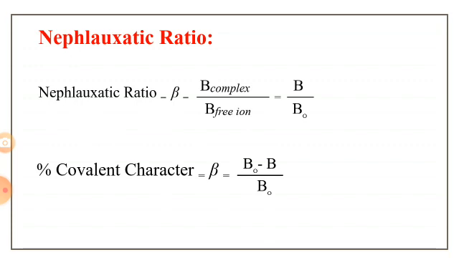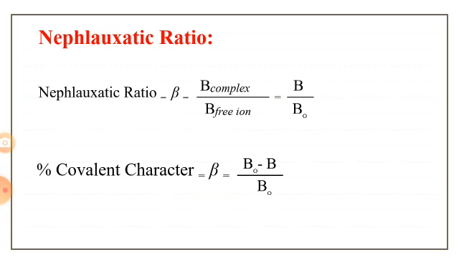Then there is mixing of metal orbitals and ligand orbitals, which leads to expansion of the orbital cloud and more reduction in interelectronic repulsion. That's why the Racah parameter of complexes is less as compared to that of free ions.